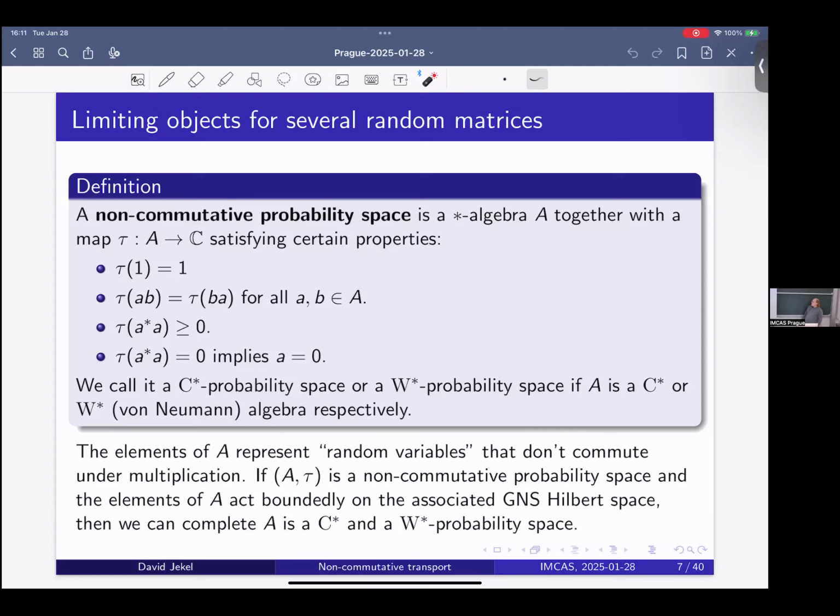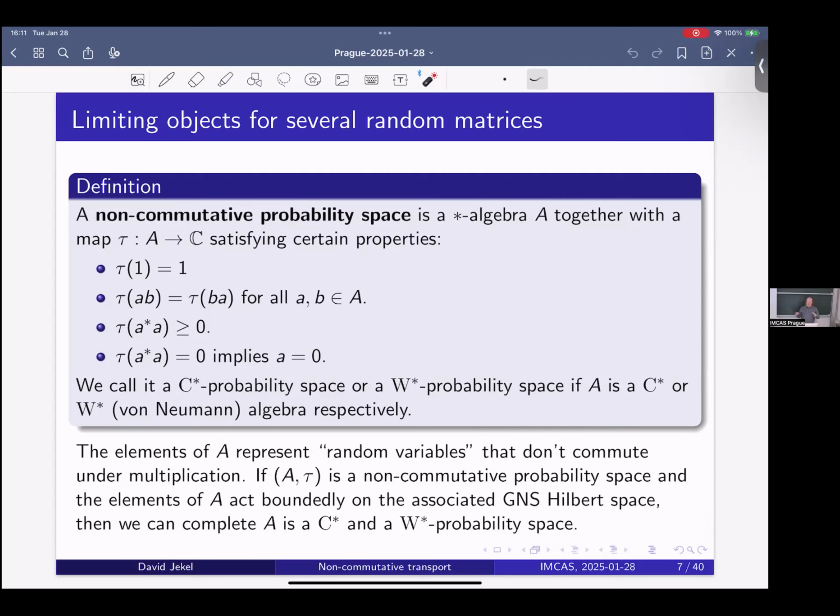And like I said, you can have this just as an algebra. You can also assume that it's a C-star algebra if you want, or you could also assume that it's a von Neumann algebra. All of these are valid settings to consider. And I think in most of the slides I maybe refer to von Neumann algebras because this is where I come from, but what matters is what the random variables are and what their joint distribution is.